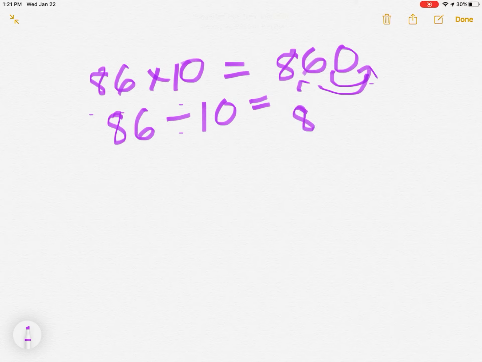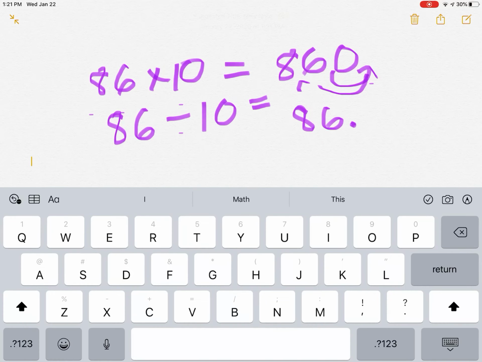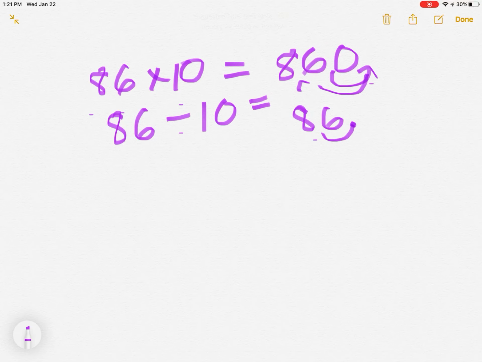So let me show you, 86. Our little decimal point is always right there on a whole number. So we're going to move it that way. So the answer is 8.6. You can always add a decimal point after a whole number. So if you're multiplying, you're going to add zeros that direction. If you're dividing, you're moving the decimal point that direction to the left.